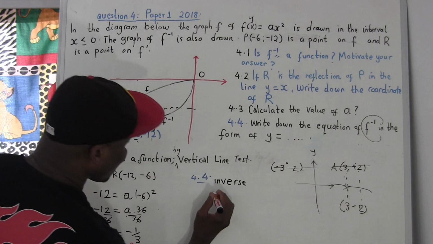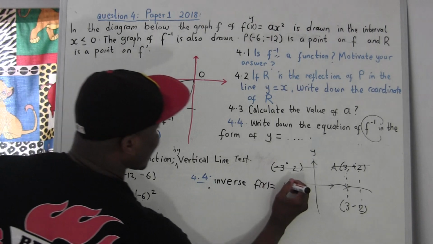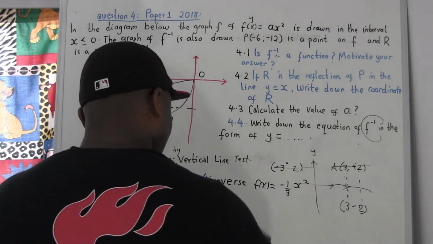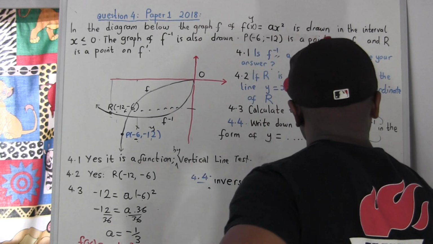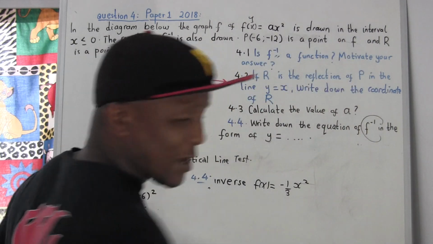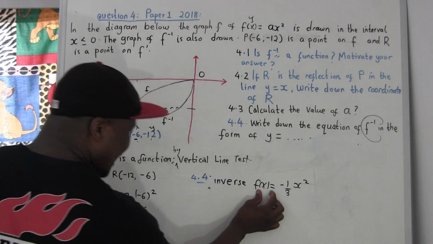So take your f(x), which we have just found, f of x equal to negative 1 over 3 x squared. Excuse me, let me move to the next page so I won't bring a lot of confusion to you. It's easy, man. So now we have this f of x.